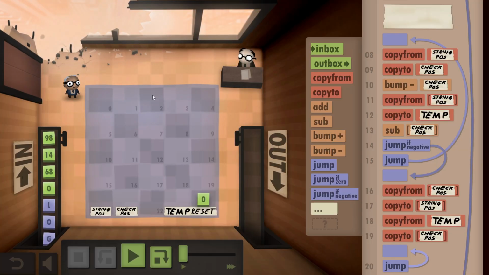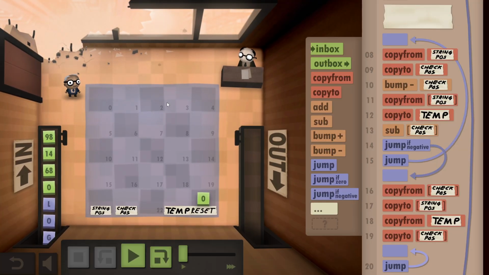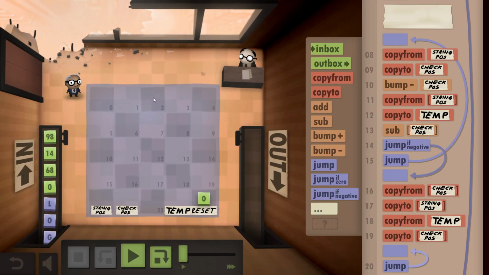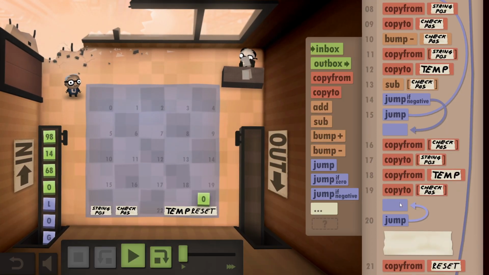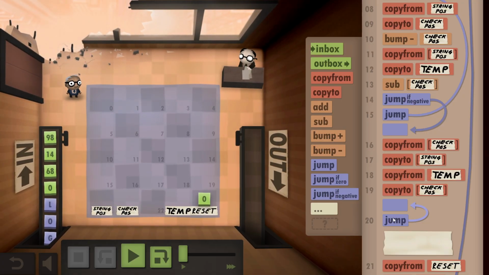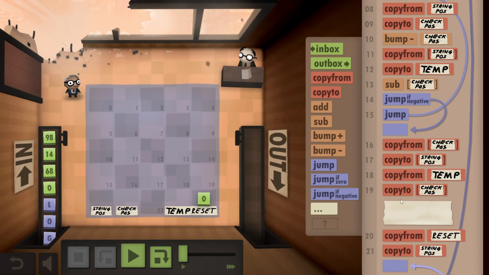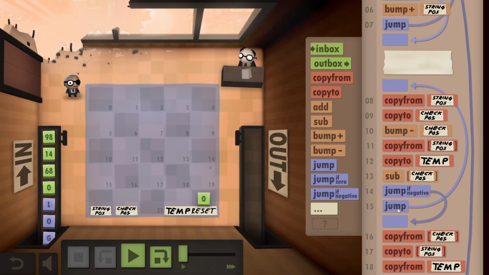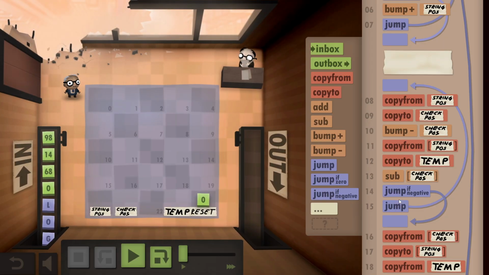So you do the check, and if it's fine, it stays. If it's not fine, you switch. And after you switch... clear that. I'm just confused by this.